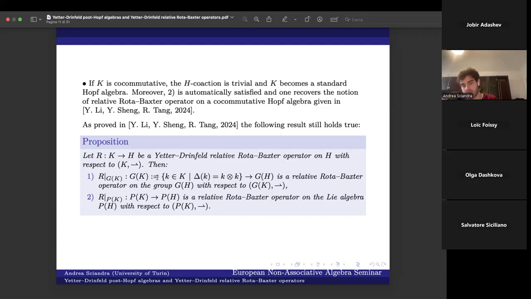While if we restrict it to primitive elements of K, so it goes from primitive elements of K to primitive elements of H, this is a Rota-Baxter operator between Lie algebras.